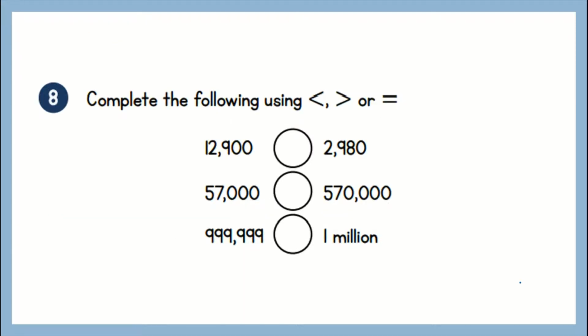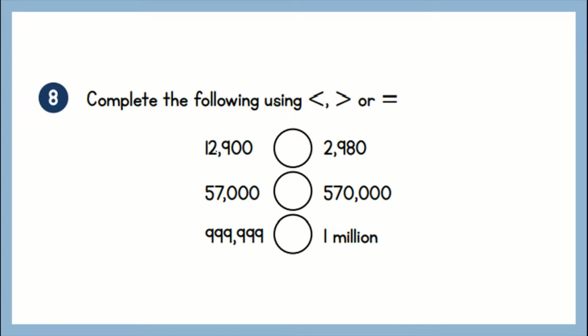Question 8. Complete the following using greater than, less than, or equal to. So we know that the triangle here, this triangle shape, the one with the big mouth is kind of like a crocodile. It eats the bigger number. So here we've got 12,900 and 2,980.